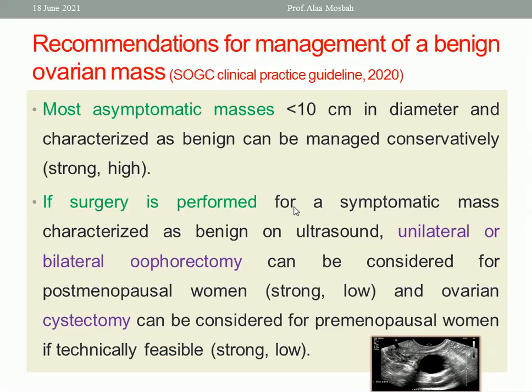So if you are facing this situation with a symptomatic benign mass, you will look at the age. If the lady is postmenopausal, it is better to do a unilateral or bilateral oophorectomy. If the lady is premenopausal, you can do conservative surgery like ovarian cystectomy.